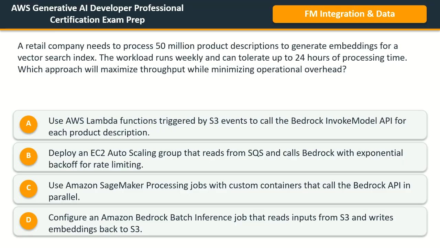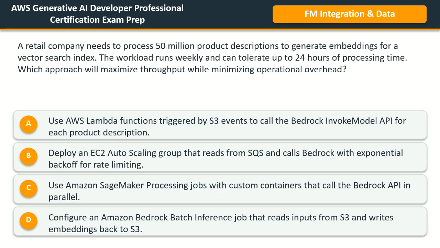This is a scale and workload pattern question. The important clues are 50 million items, weekly batch job, and can tolerate up to 24 hours. That immediately tells you this is not real time and not event-driven. Whenever you see large offline time-tolerant workloads on the AWS exam, your instinct should be batch inference.